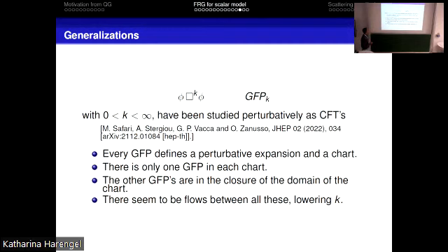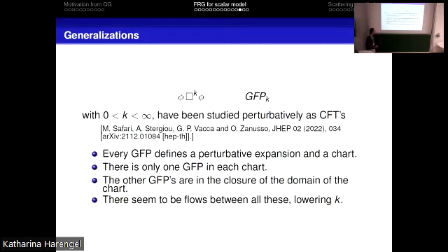Every one of them defines a perturbative expansion, and we can then define a chart on theory space based on that. So for each of those Gaussian fixed points, you can define a chart, and every chart contains only one Gaussian fixed point, and all the others lie in the closure at infinity.